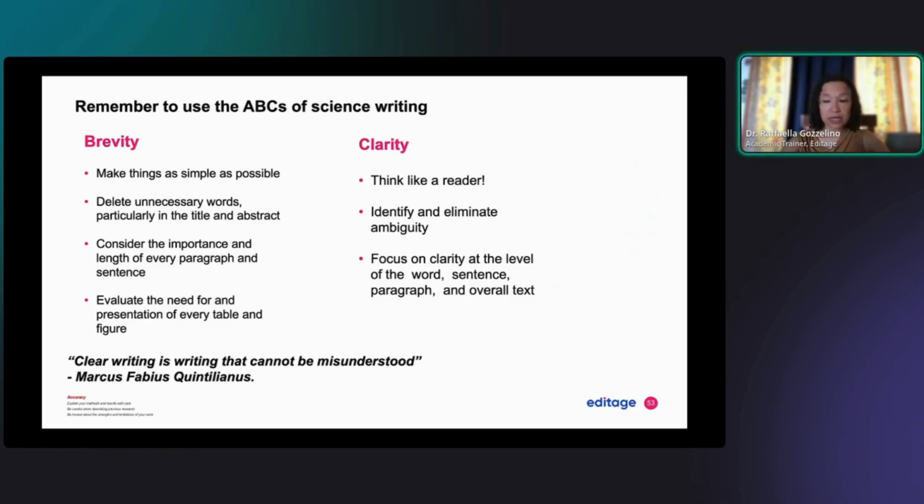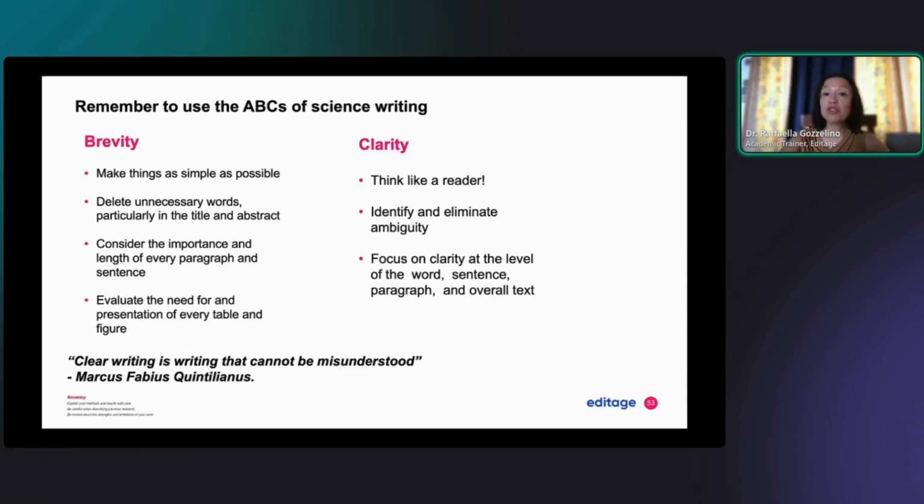And it is important that you always have in mind that you need to use what we call the ABC of science writing for this section. Indeed, brevity: make things as simple as possible, delete unnecessary words from title and abstract, but also from discussion, from results and methodology, considering the importance of the length of every paragraph and sentence, and evaluate the need for the presentation of every table and figure.